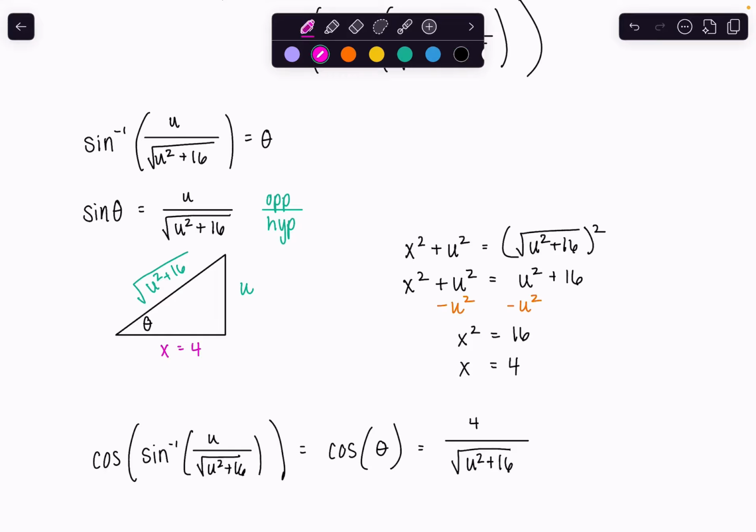We're just using that triangle to figure everything out.